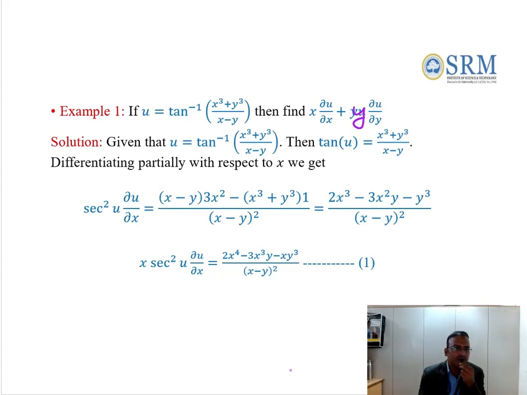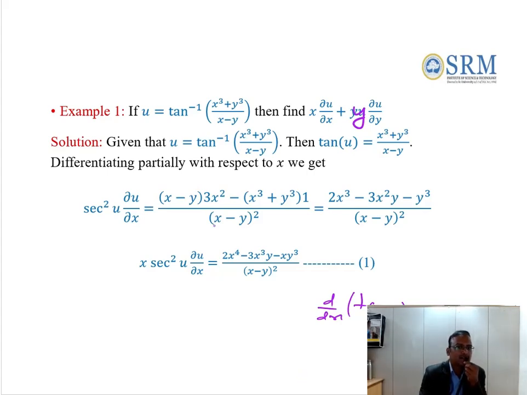We can just push this function to the left hand side and differentiate it with respect to x, then we get sec² u into ∂u/∂x. Why? Because the derivative of tan x, d/dx of tan x, is equal to sec² x.